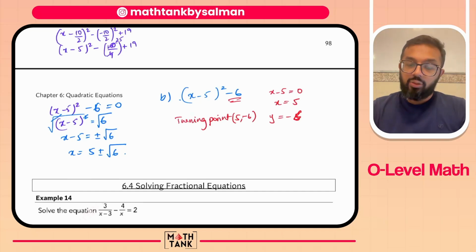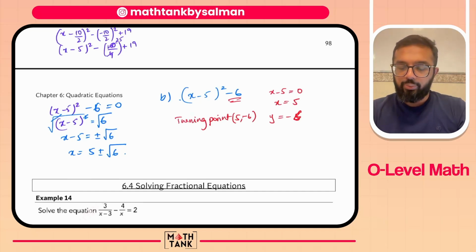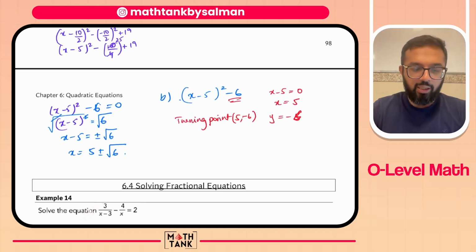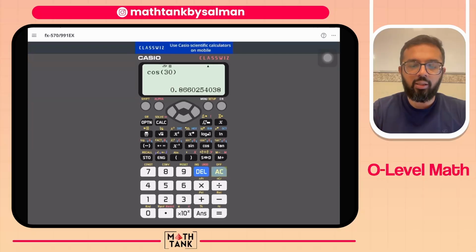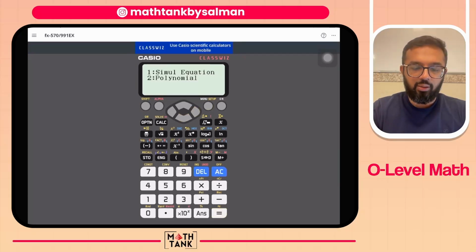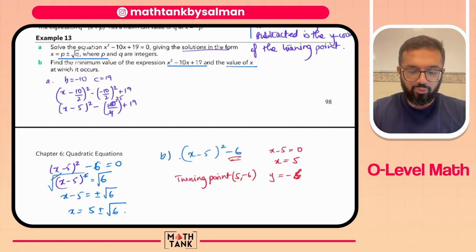Surprisingly, your calculator can also do all of this directly if you plug in the original equation. So that was x squared minus 10x plus 19. If this comes up in a calculator section, you go to polynomial, you go to quadratic. It's x squared minus 10x plus 19.